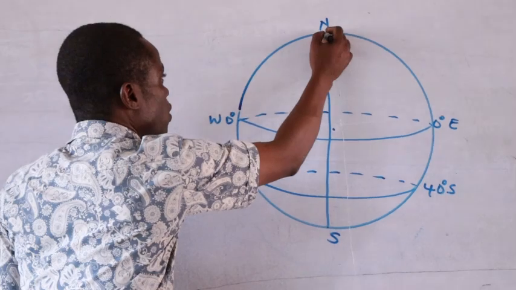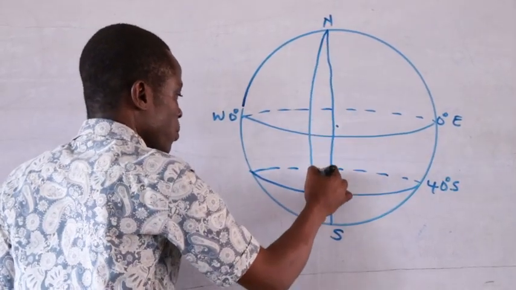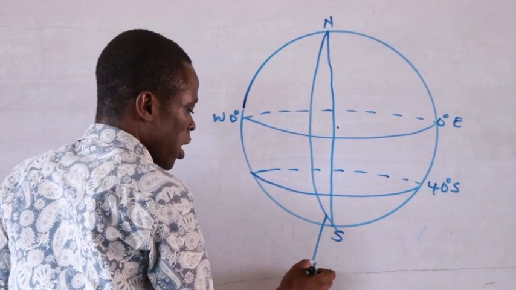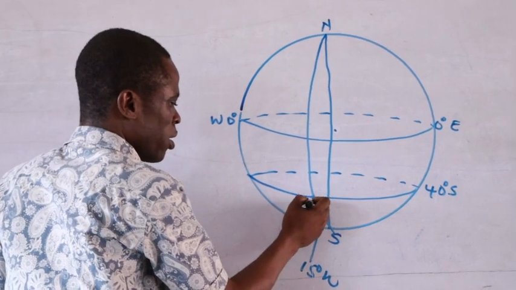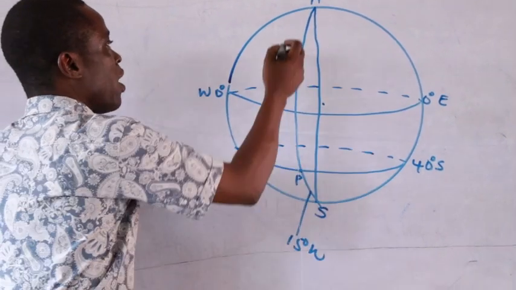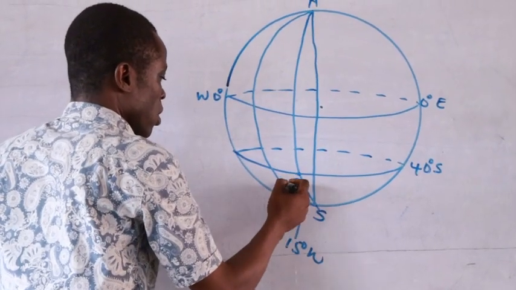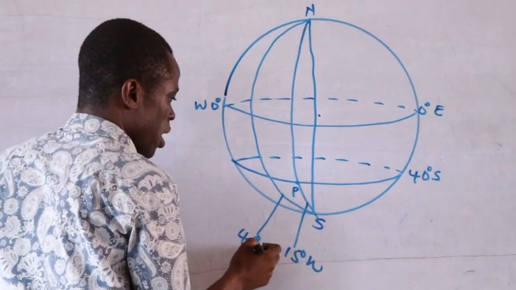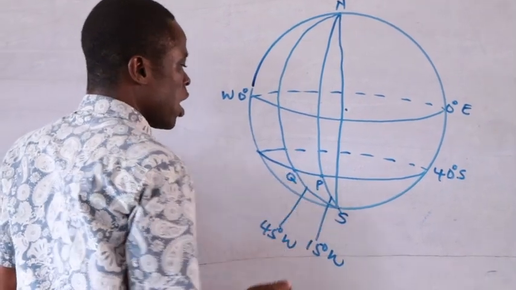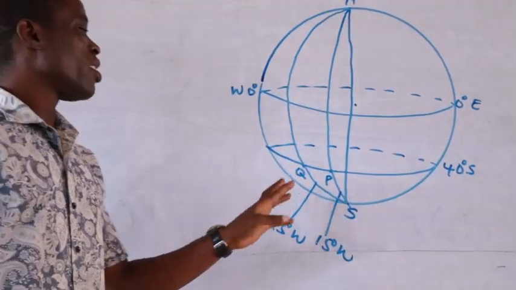The first one is 15 degrees west, this is P. The second one is 45 degrees west, and that is Q.